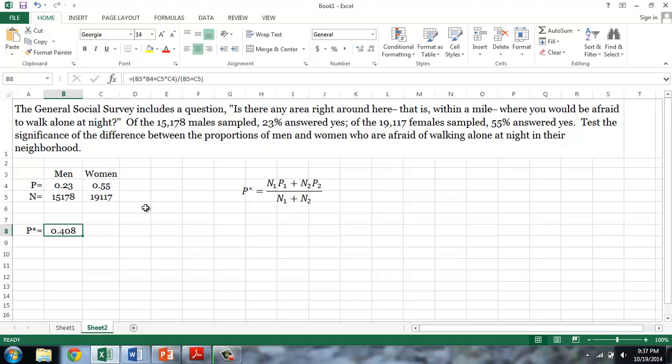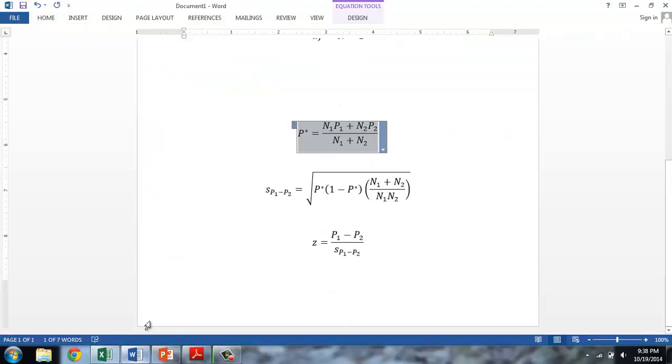P star, as a proportion, will always be between 0 and 1, and it should fall between the proportions for our two groups. As you can see, 0.4 is in fact between 0.23 and 0.55. Now that we have our p star, we can calculate our standard error.